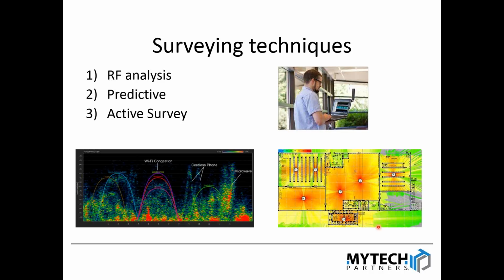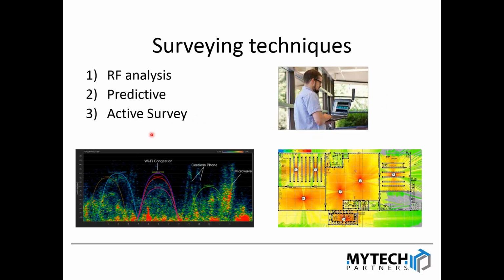And then the final type of survey that we use, which is sometimes used before but very often after the deployment of a wireless network, is what's called an active survey. An active survey is depicted here by a guy who's walking around with a laptop and an antenna, and he would literally walk through the space with the wireless solution deployed and measure what's actually there.